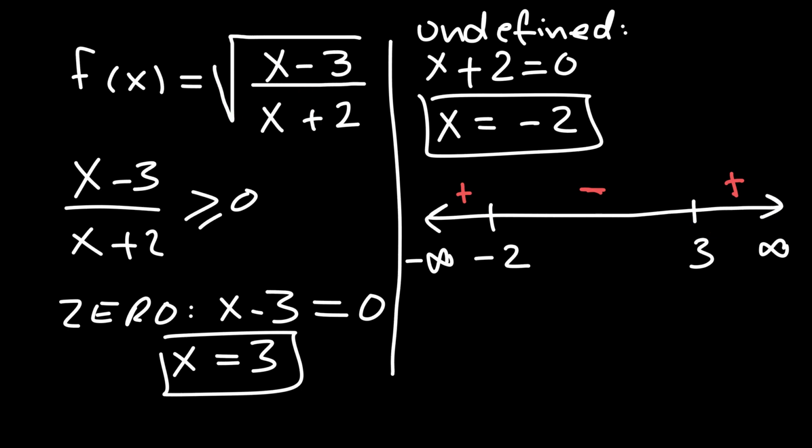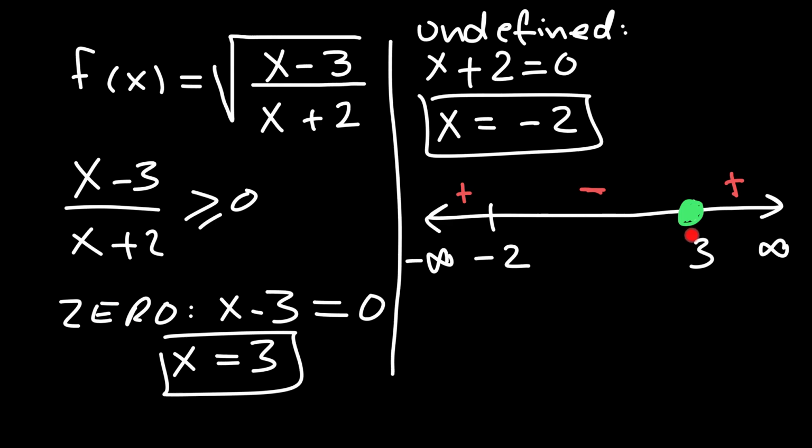Now, in order to write the domain, we should circle the minus 2 and 3. But you have to be very careful at this point, because on the 3 side, we will make it a closed circle. Why? Because at this point, when x equals 3, our function will still be defined.